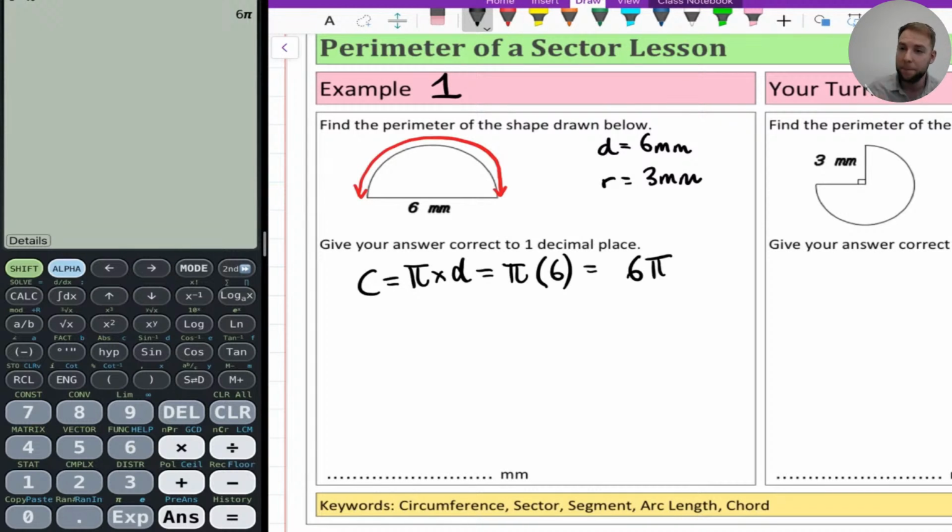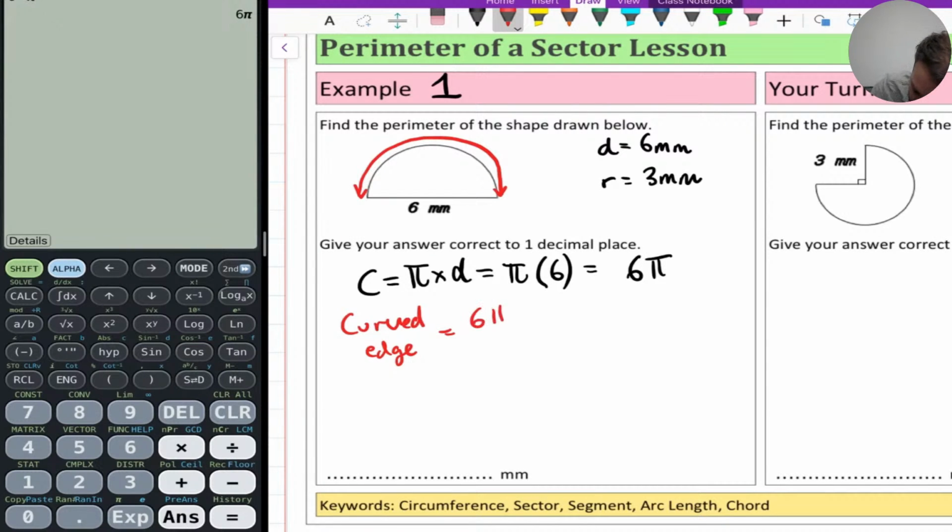Now when you divide by 2, you're not finding the full circumference. What you're doing is you're finding the curved edge. So the curved edge, or the top of this, you can see that it's this part here. So the curved edge is equal to the full circumference divided by 2.